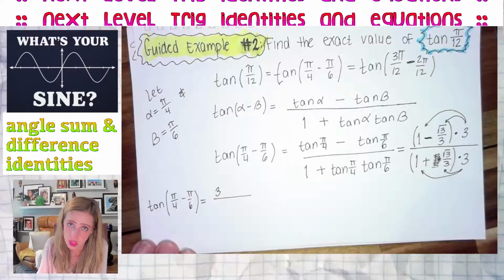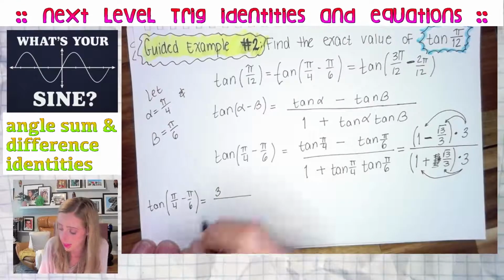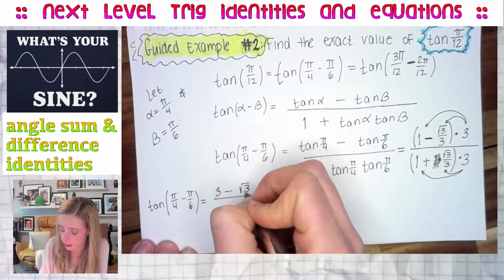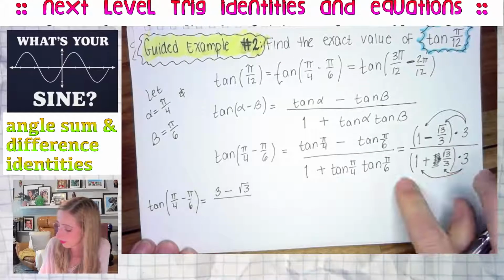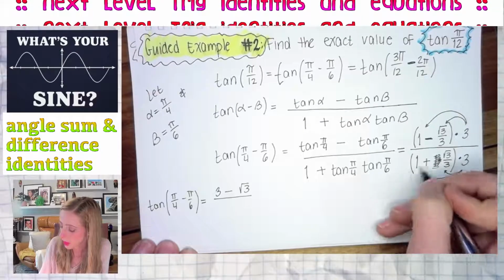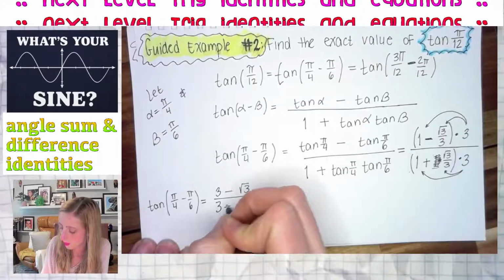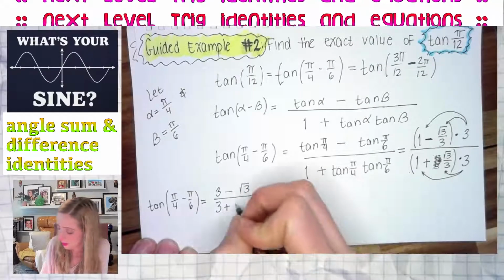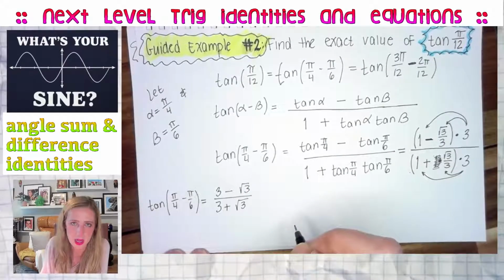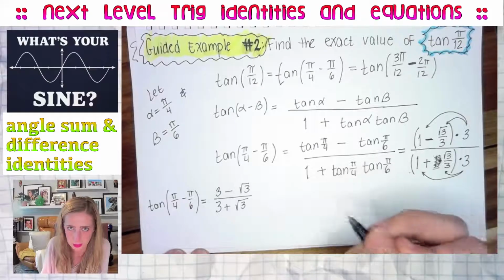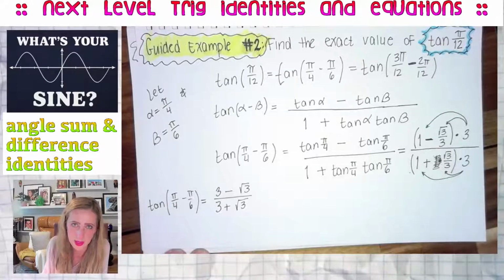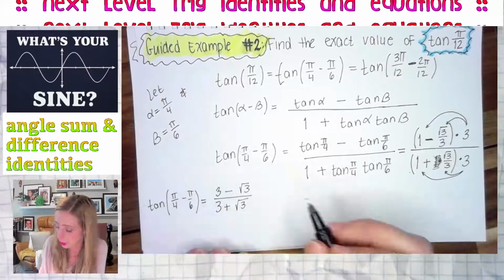Think with your brain. What's that? Just root 3, okay? Bottom, 3 plus, think about it, root 3. If you don't understand, do not be sad and copy it and just let it be. Rewind, go back, think about it again, okay? Do it if you're confused.